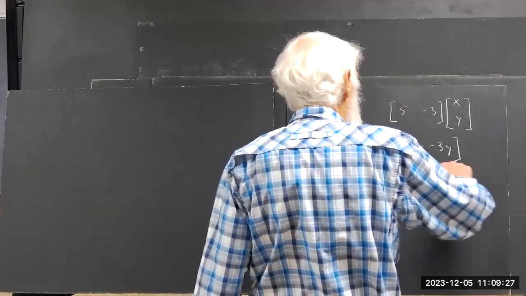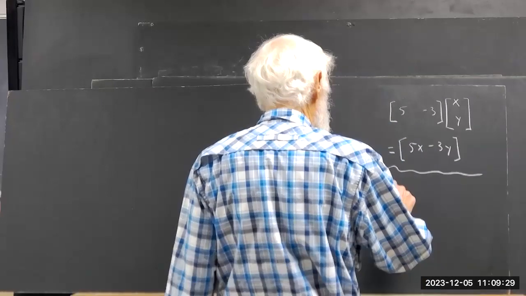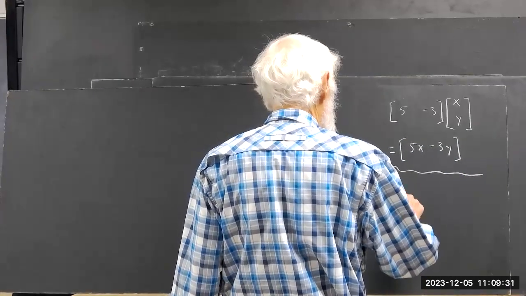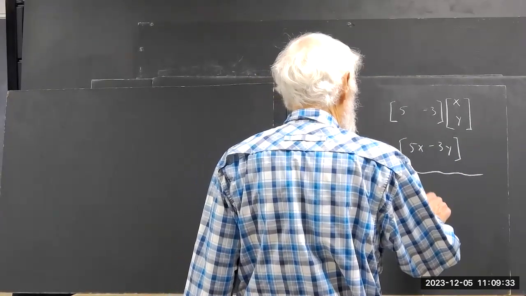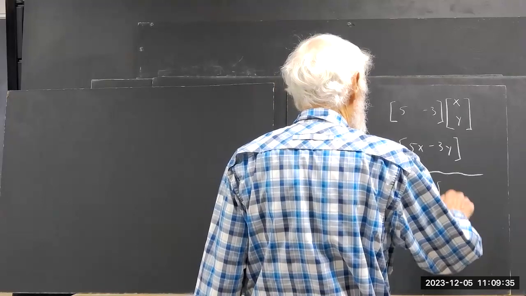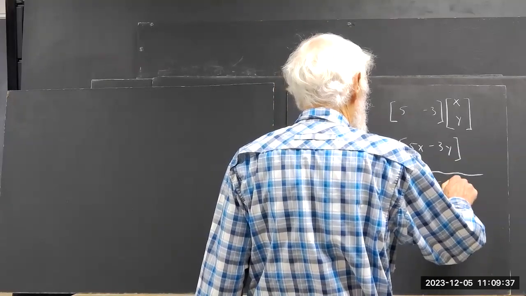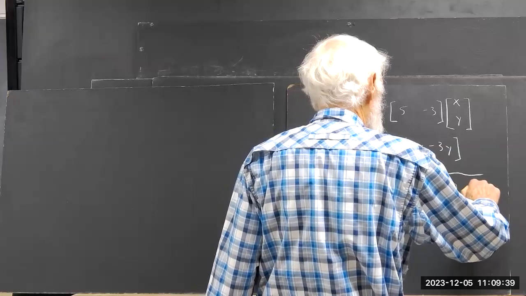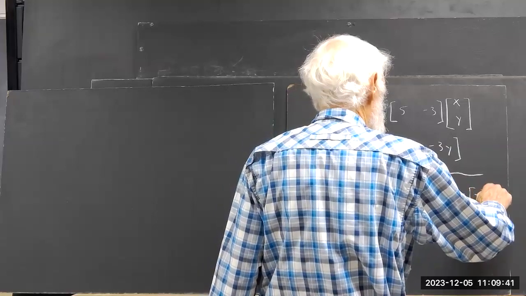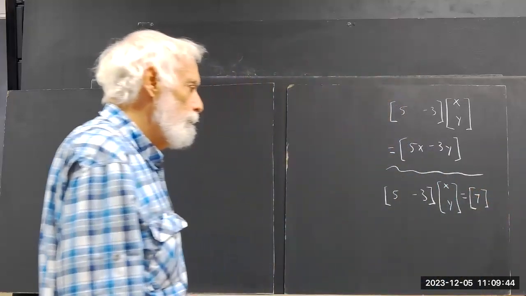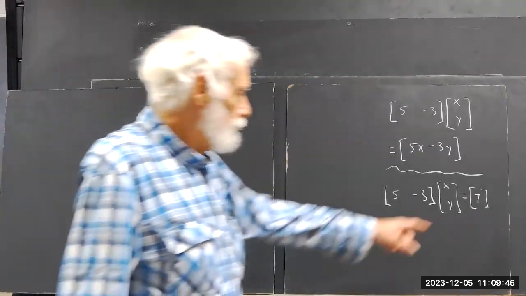Okay, so now let's try this. 5 -3 multiplied by X, Y equals the matrix consisting of just 7.